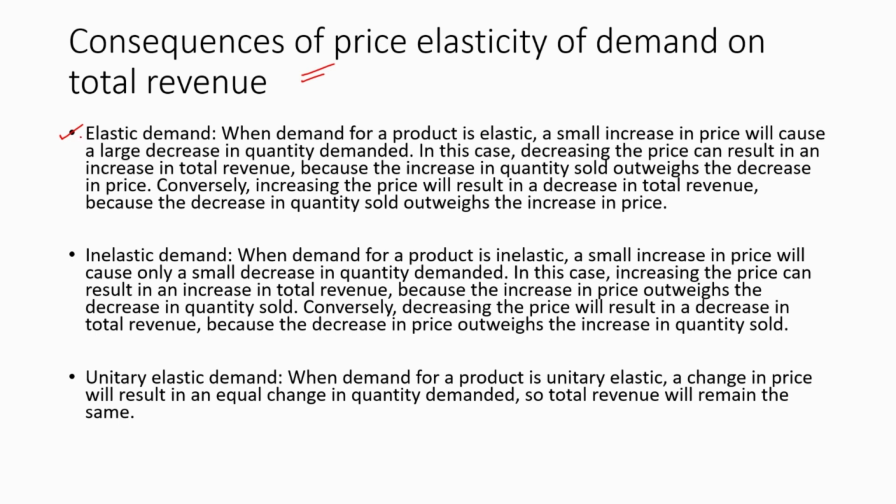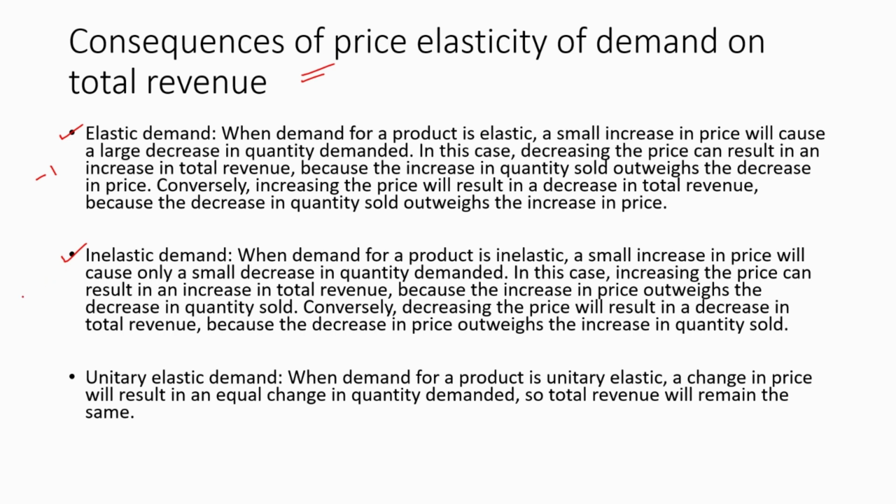Conversely, an increase in the price will result in a decrease in total revenue because the decrease in quantity sold outweighs the increase in price. As we now know, when the price elasticity of demand is less than -1, it is considered elastic demand, where the percentage change in the price is lower than the percentage change in the demand.